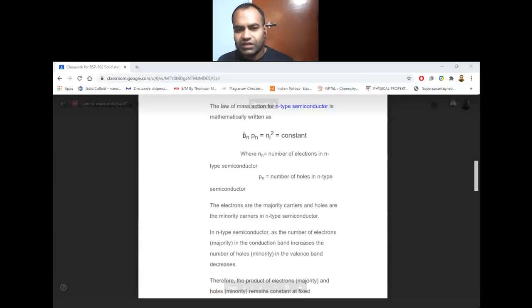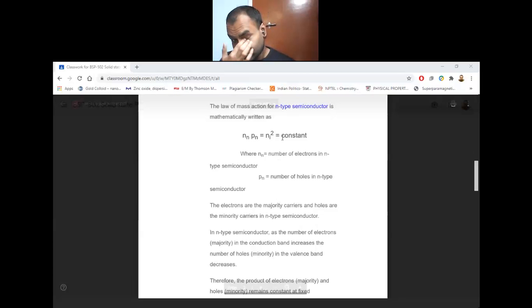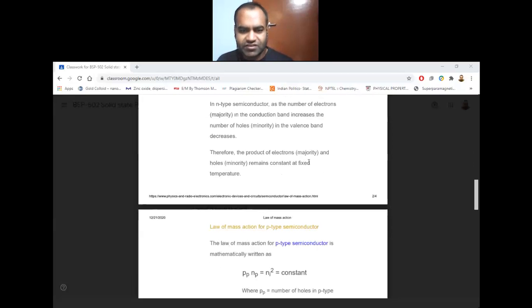Here, the product of electrons, which are the majority carriers, and holes, which are minority carriers, equals Ni square. Ni stands for the intrinsic carrier concentration. It remains constant at fixed temperature. Why are they writing fixed temperature?